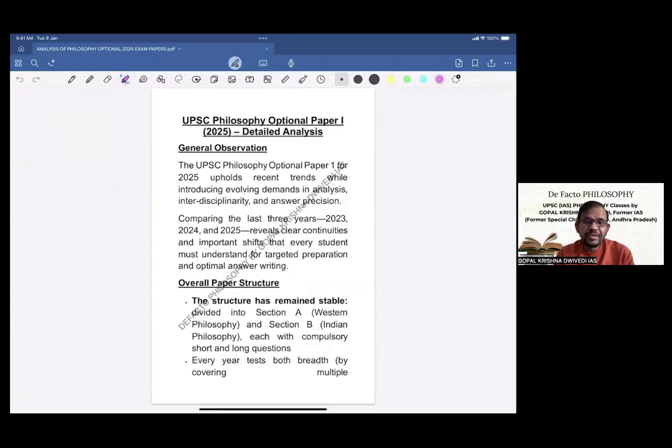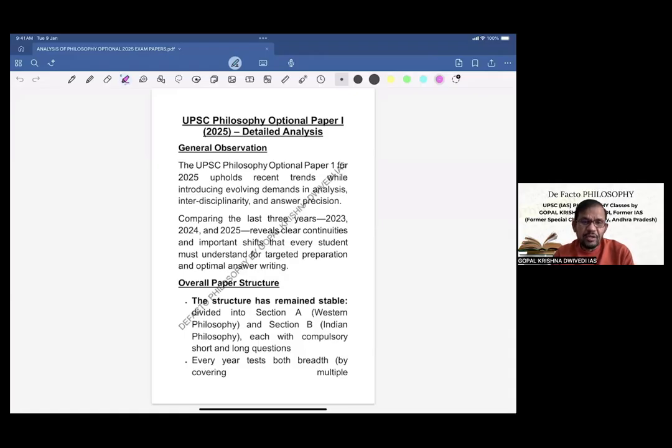Important shifts are there, and it requires very targeted preparation by students, and also optimal answer writing. Once the questions are asked in such a way that you have to think, you might have read the topics, but here you have to take some content from one topic, some from another, and then frame your answer. That was the nature of the questions.